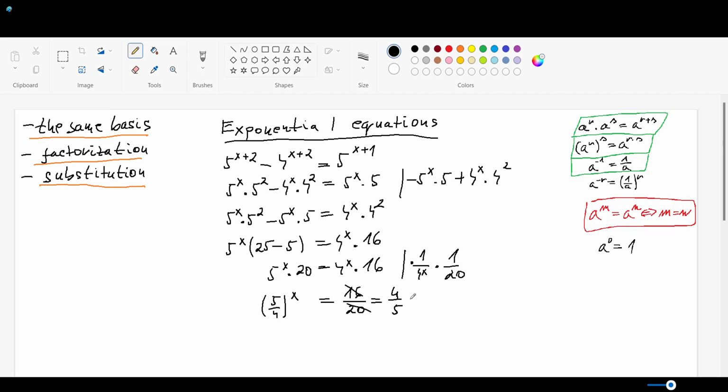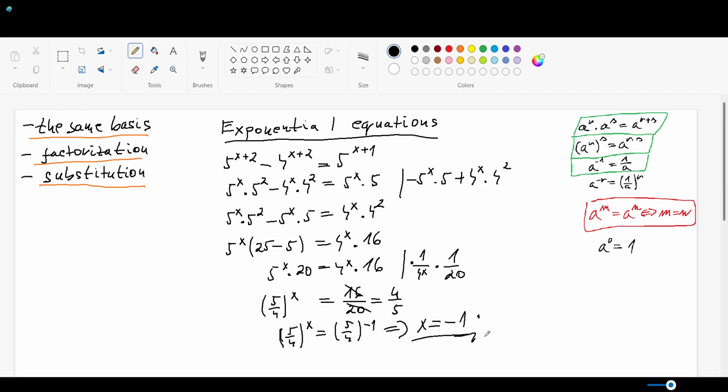So we come from the fraction to the fraction, and we change the basis: we swap the numerator with the denominator, and then the exponent will be -1. So my equation is going to be 5 over 4 to the power of x is equal to 5 over 4 to the power of -1, and you can see very easily now that x must be equal to -1.